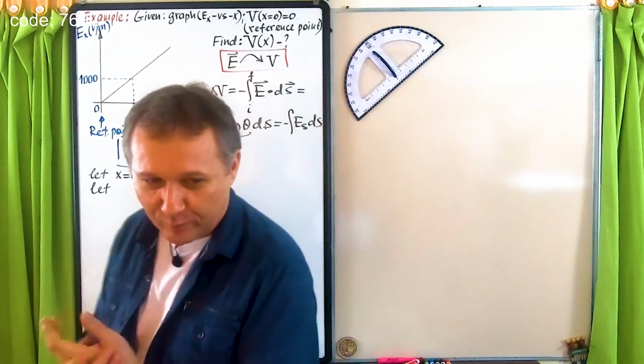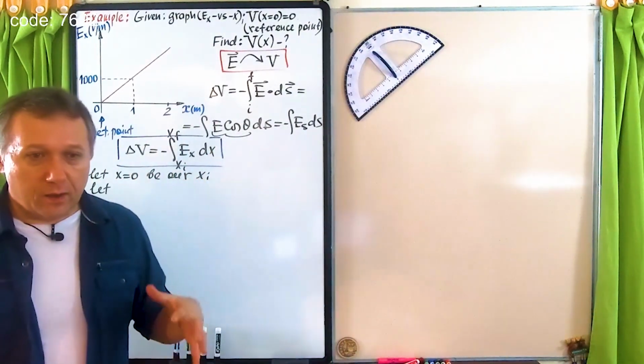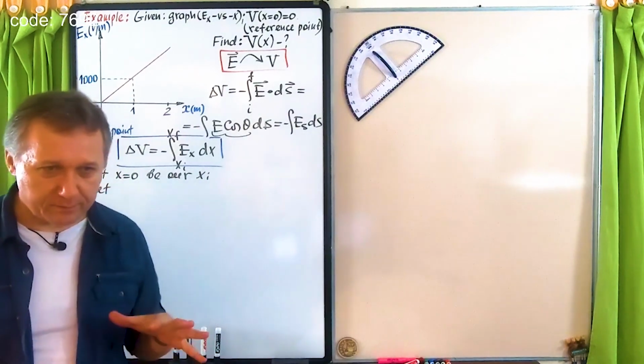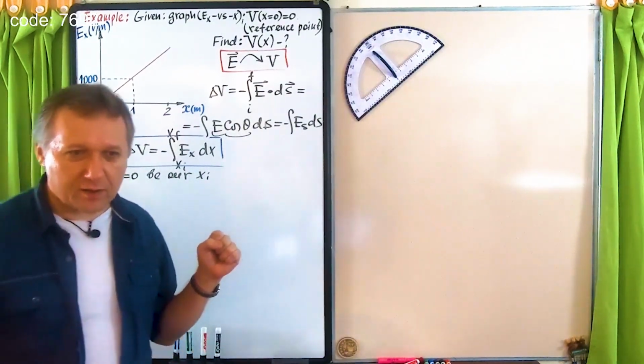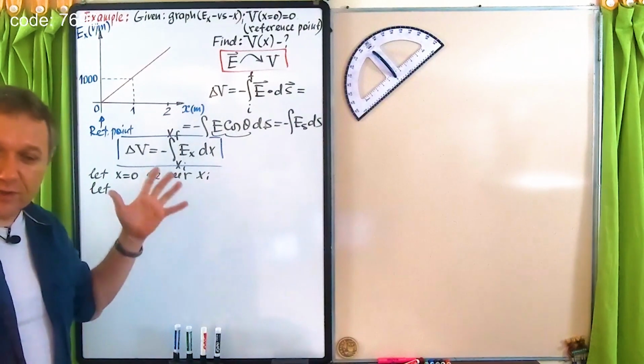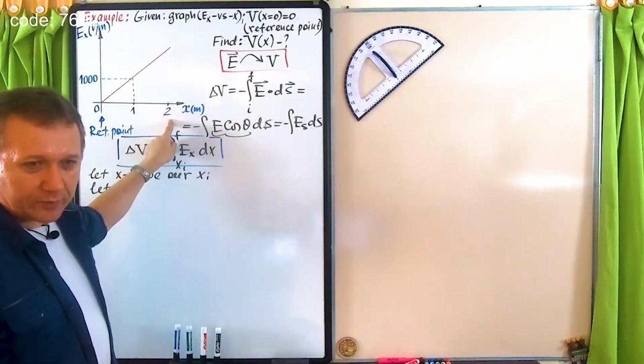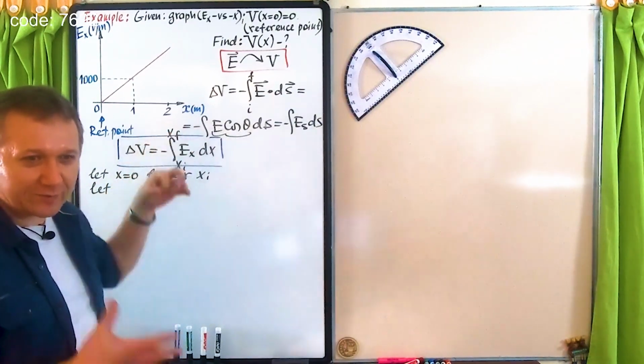Now it's a little bit more complicated. Most of the time, students give me this suggestion: let's take x equals 2 as our final point. All the time, somebody gives me this suggestion.